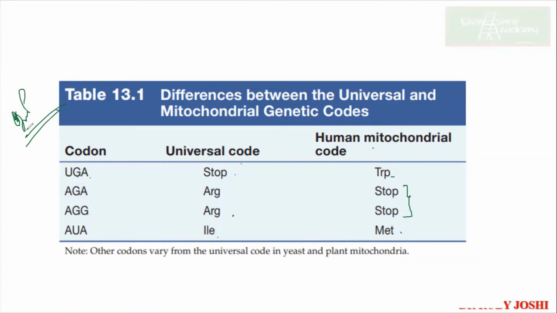It is important, because the question could be like this: you synthesized or purified a DNA, and every time you insert a stop codon, it is not giving you the truncated region. It is giving you a complete polypeptide chain. So you can give as your answer that instead of UGA acting as a stop codon, it is giving tryptophan.